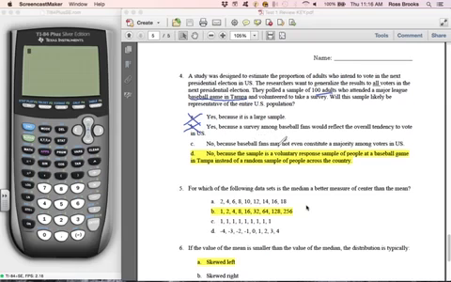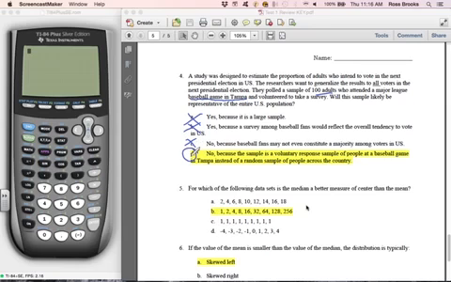It's not because baseball fans may not make a majority of U.S. voters. We're not even looking at baseball fans. We're looking at people at a baseball game in Tampa, so not fans of other teams necessarily. This is a no because it's a voluntary response sample. It's not a random sample, and it's just of people at a baseball game in Tampa instead of a random sample of people across the country.